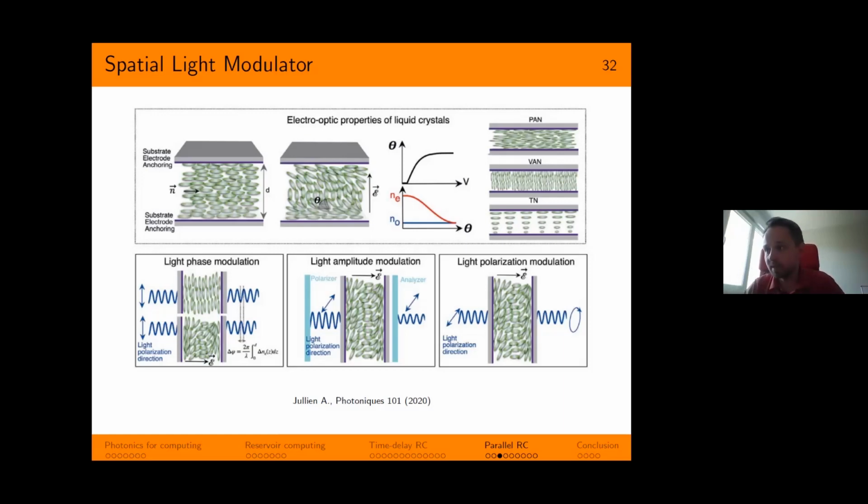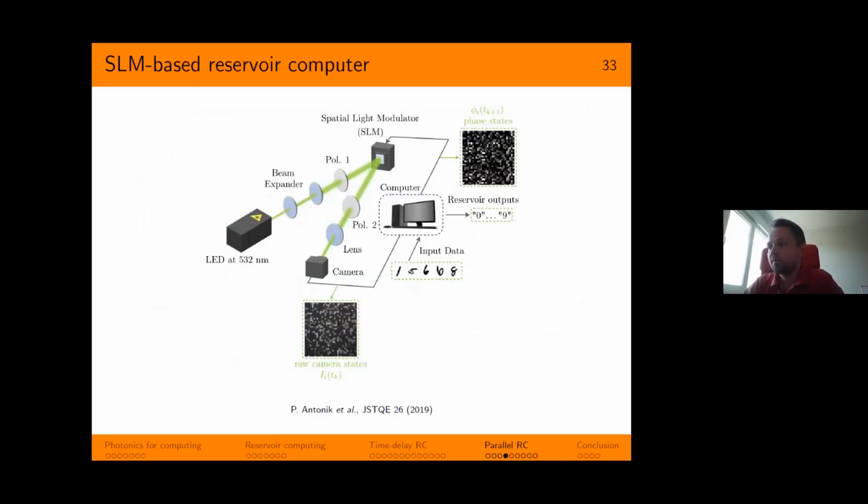So now that we know that, we can take a look at one of the first, and it was the second to be precise, implementations of parallel reservoir computing in free space. Here the setup consists of an optical arm on the left and the digital arm on the right. We'll start with the optics. We have here a light source. It's again an LED, which is green.